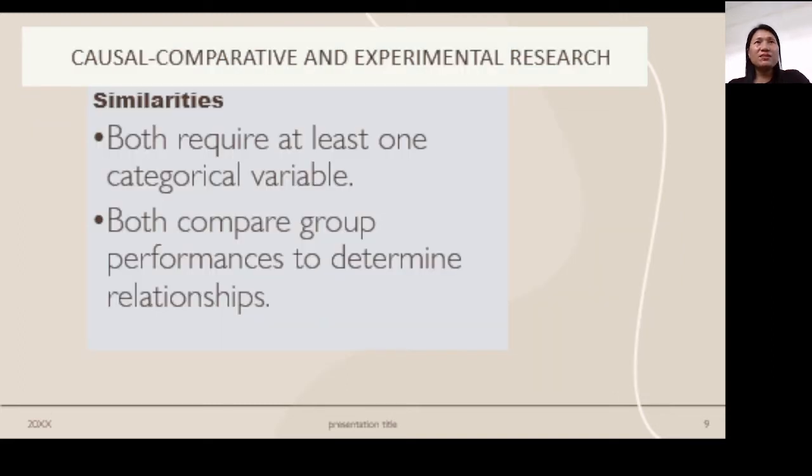Now, how is this causal comparative research similar to and different from experimental research? Both require at least one categorical variable, and both compare group performances to determine relationships.